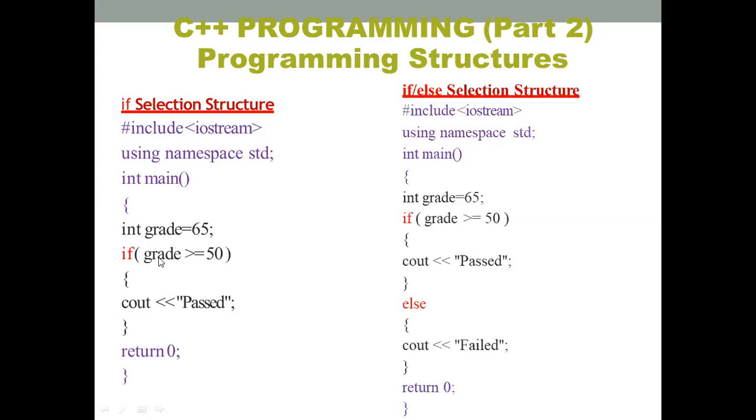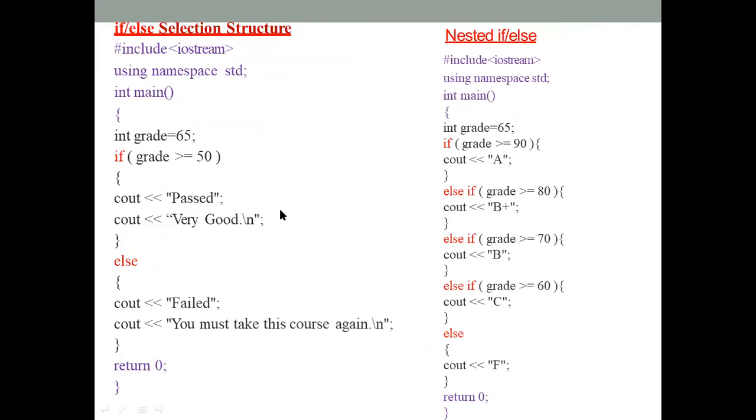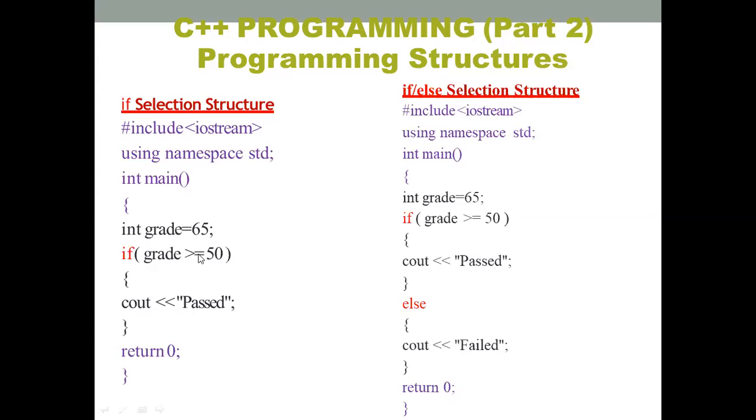If the grade is more than 50 or 50 marks, the output, you know that, will be pass. So in this program the result is going to be pass, because the condition says the student must get 50 or more.